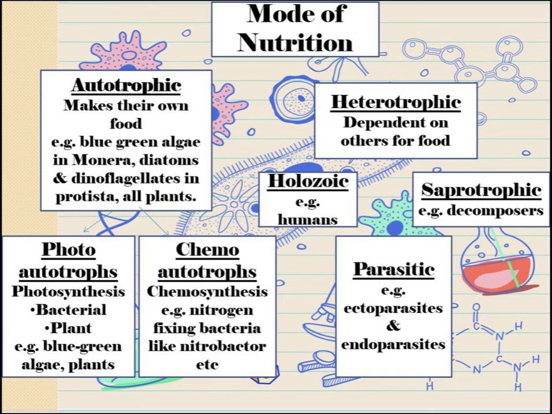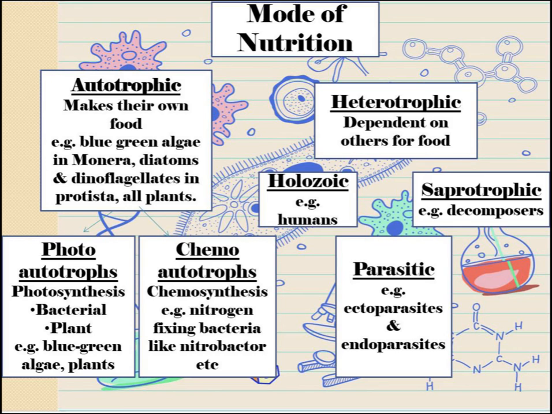Auto means makes their own food. Blue green algae in Monera, then diatoms and all the plants, these are autotrophic. Then dinoflagellates are also autotrophic. These are not from the animal kingdom but from the non-animal areas which can produce their own food.